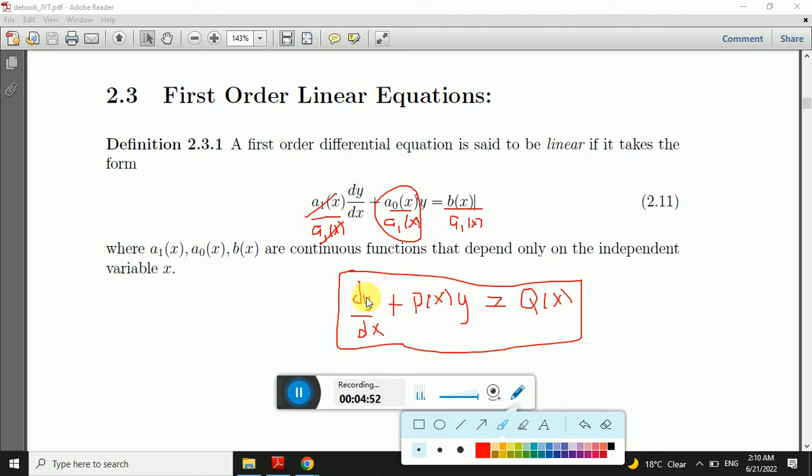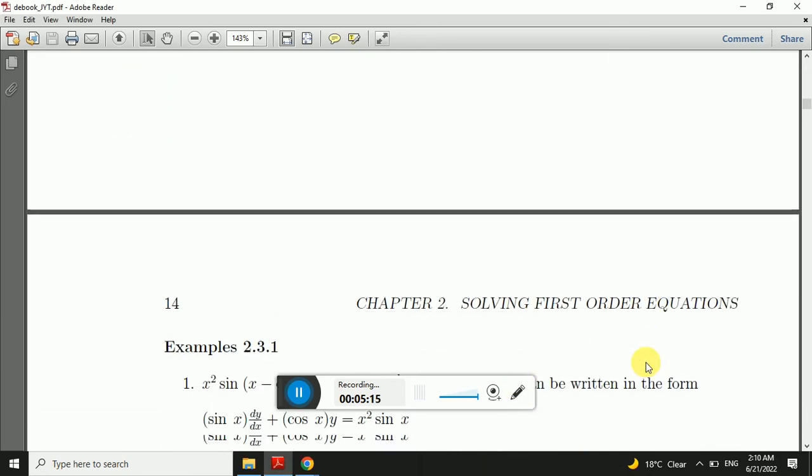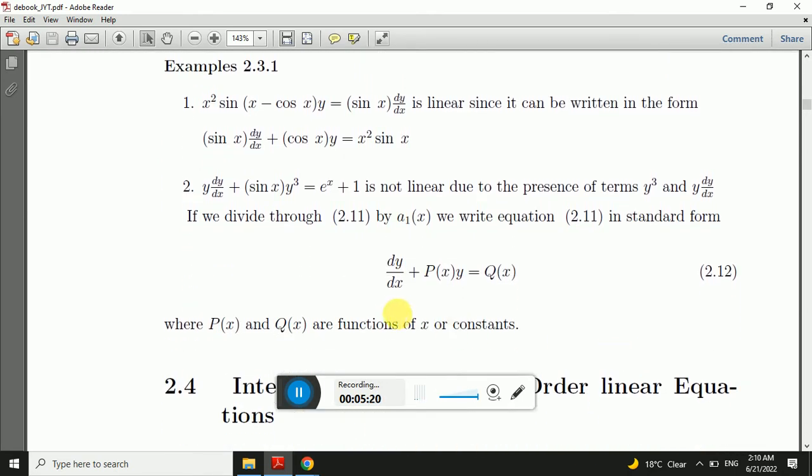So if you have a differential equation of this form, dy dx plus a function of x times y equaling a function of x, how do you solve that differential equation? So the equation I've just written is this one in equation 2.12. So this is the differential equation that we have.